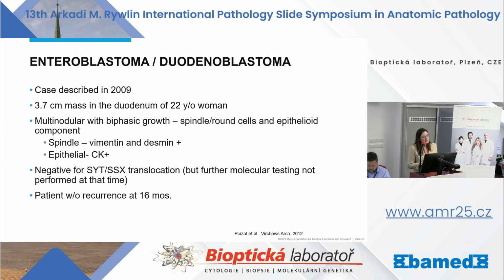The spindled cells were positive for vimentin and desmin, and the epithelial component was positive for CK7. It was negative for the SYT-SSX translocation, but further molecular sequencing wasn't performed at that time. And at that time, the patient was without recurrence at 16 months.